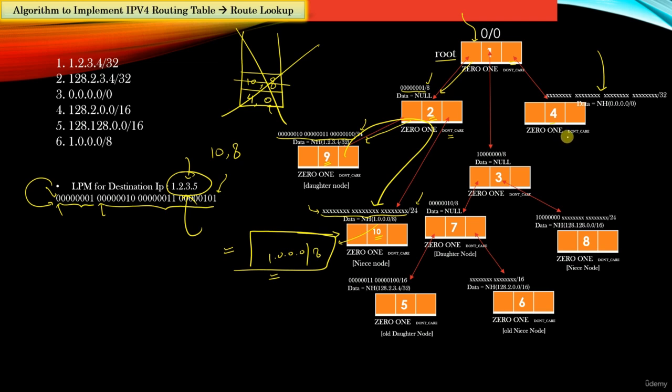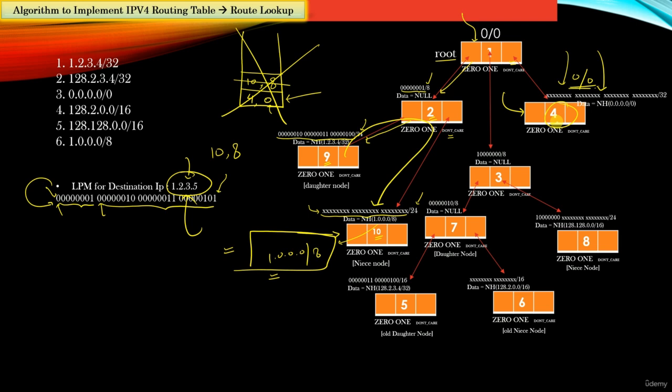Now note that as long as in your mtry data structure you have this default route installed, it is not possible that for any given random IP address you could not find the route. As per the longest prefix match principle, at the least the default route 0/0 is going to match with any random IP address. The node number 4 is the bottommost point in the stack, and when this pops out of the stack, you will shift your search to node number 4.